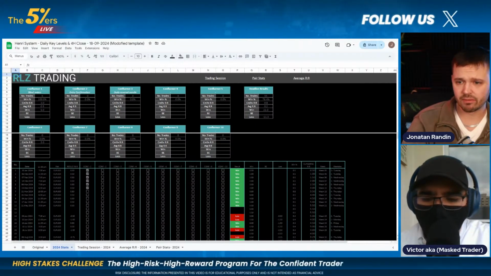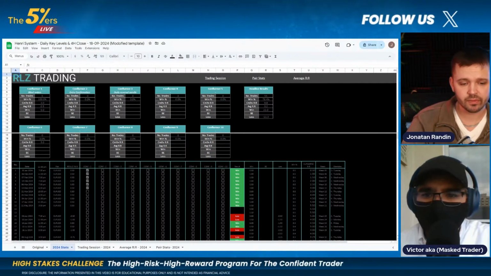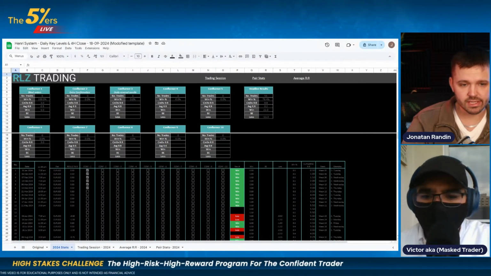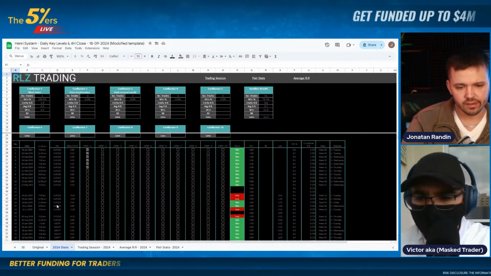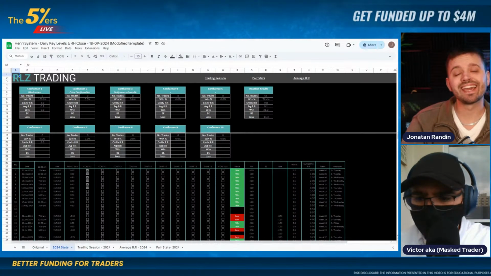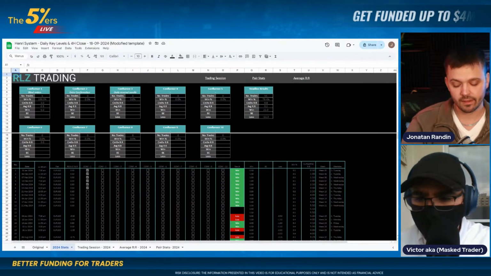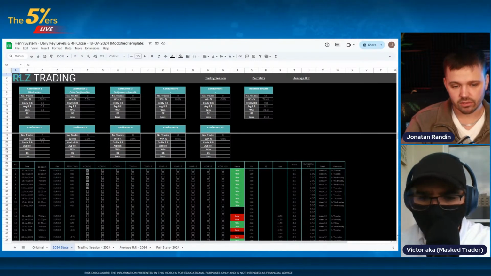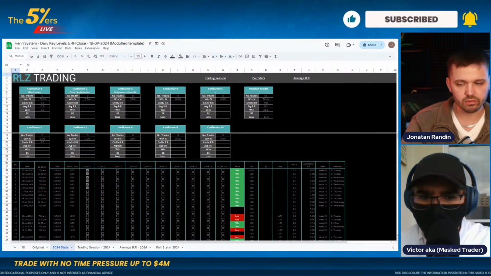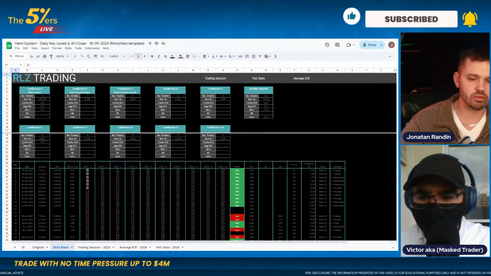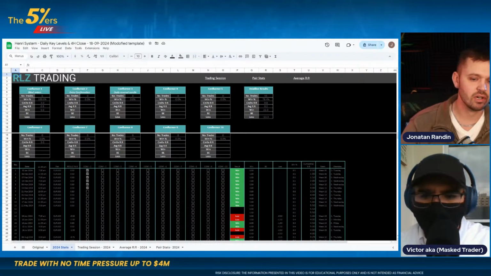So here we have 55 trades, and this is where I've tested on the daily and 4 hour. It's very simple. I look at daily levels, and when price hits those daily levels, I look at 4 hour double bottoms or 4 hour bottom formations, and then I exit at half an hour.